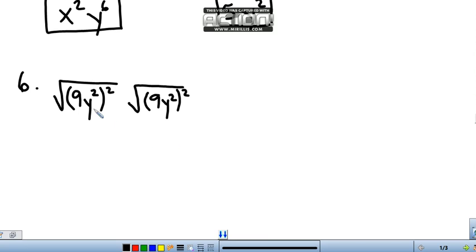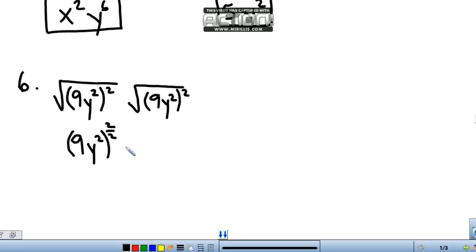What I'm going to do is rewrite this as a rational exponent. That's one way, that's one direction. I could distribute my 2 here, but instead I think I want to go ahead and rewrite this as a rational exponent. So that will be 9y squared in parentheses. Okay, since this is the square root, there's a 2 here that's hidden. Turn that into a fraction, 2 over 2.